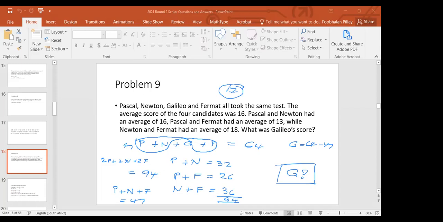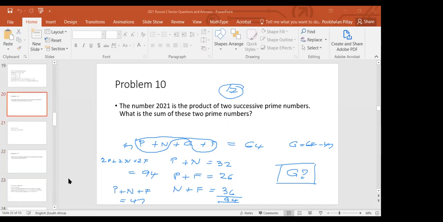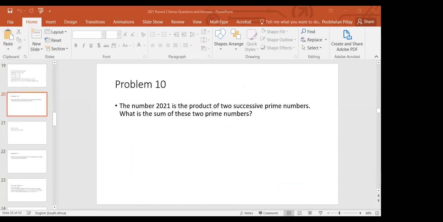All right, let's get on to the next problem, which is problem number 10. I'm going to post all these as usual. I'll post the PowerPoint presentation, the entire one, from 1 to 25, on the Google Classroom platform, and you can have it available.